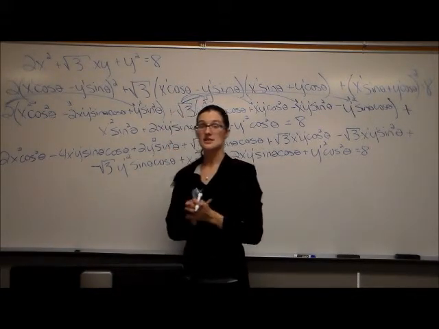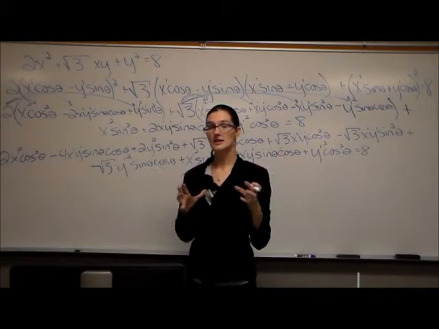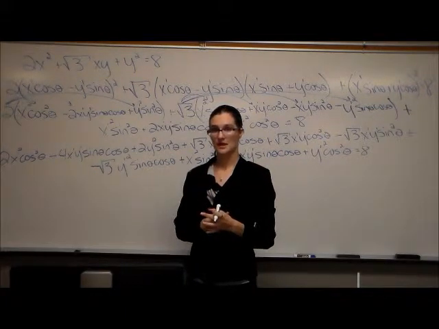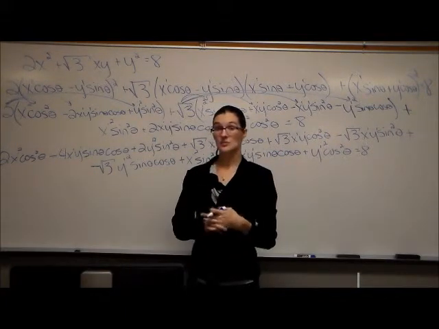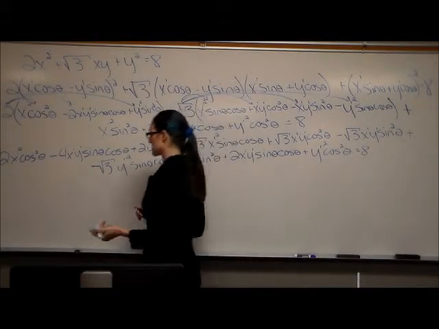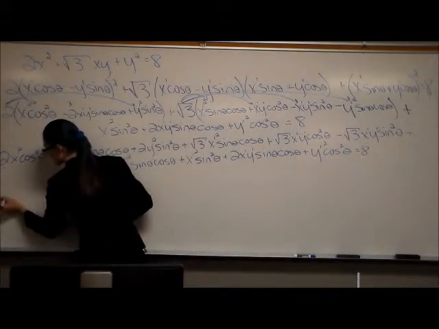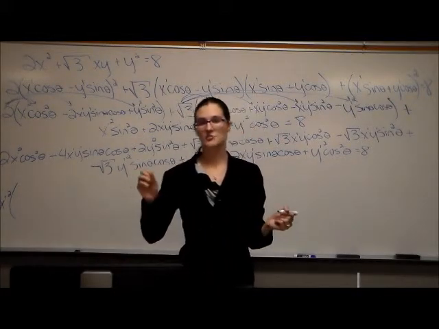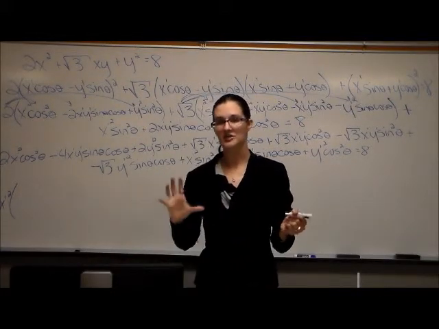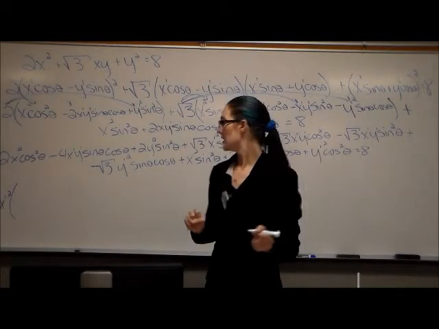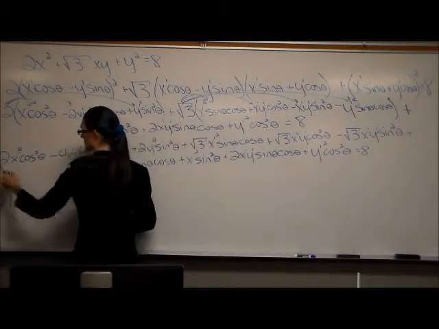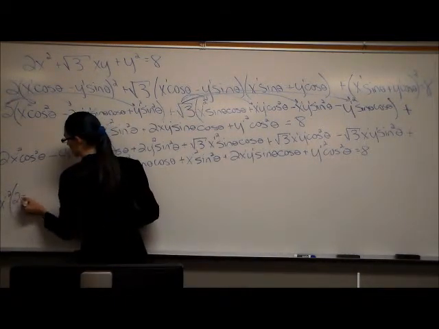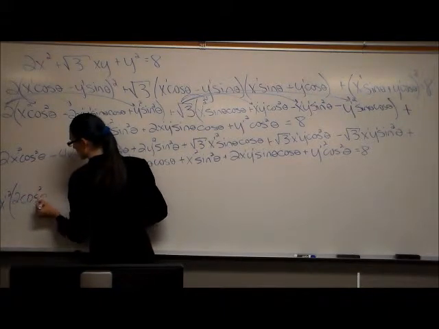So what we're going to do next is we're going to focus on getting the things grouped together. So I'm going to focus on the x prime squared because that comes first. So x prime squared. I'm going to write down everything that has an x prime squared in it and factor that x prime squared out. So here, if I take the x prime squared out, I'm left with 2 cosine squared of theta.